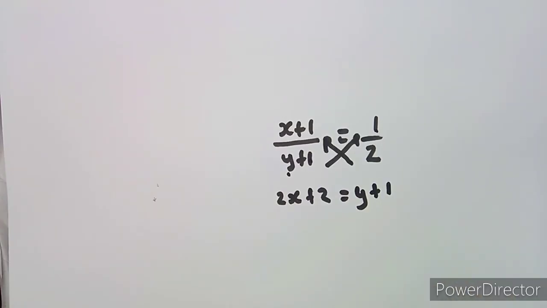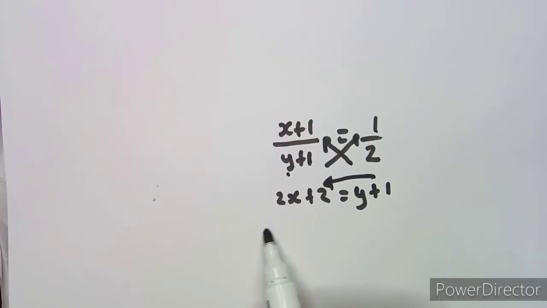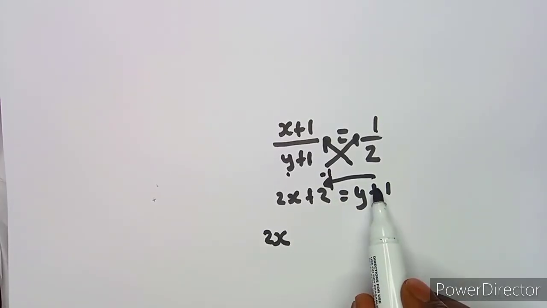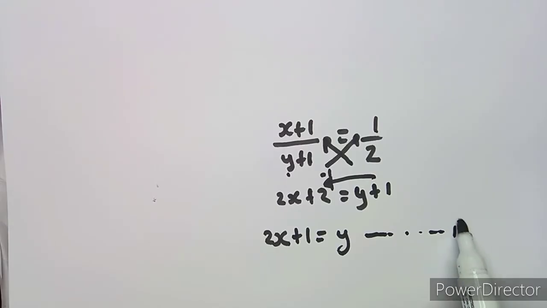You can make y the subject. Take this 2 to the other side. We're going to have 2x plus 2 minus 1, which is 1, equal to y. So y equals 2x plus 1 is a simplified equation from our equation 1.